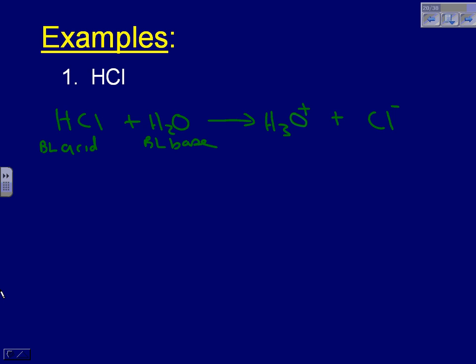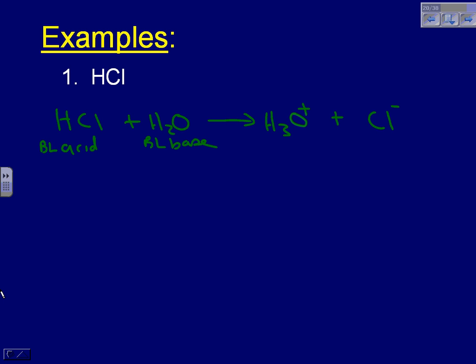Now, you might be saying to yourselves, wait a minute. Every time there's an acid, there has to be a base? Because every time I've got a donor, I've got to have an acceptor? And that's a true statement. According to Bronsted-Lowry, every time there is a Bronsted-Lowry acid, you have to have a Bronsted-Lowry base.